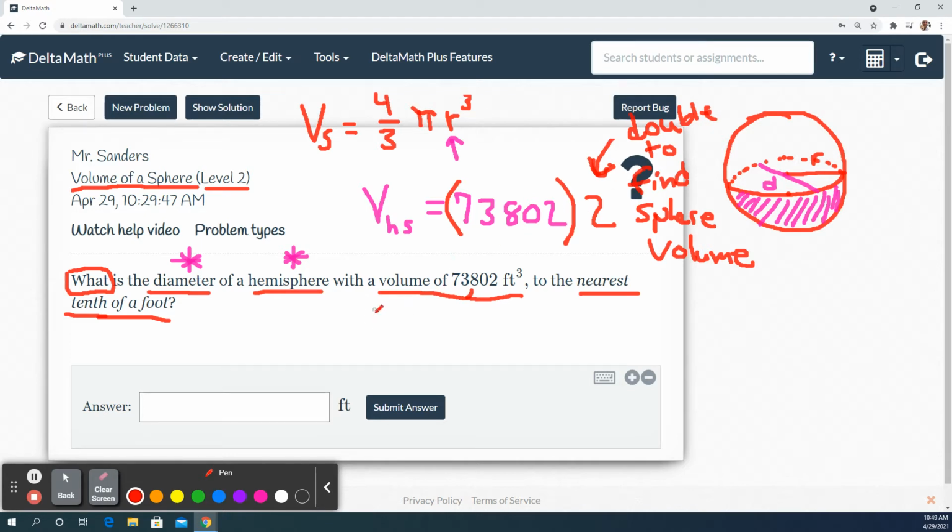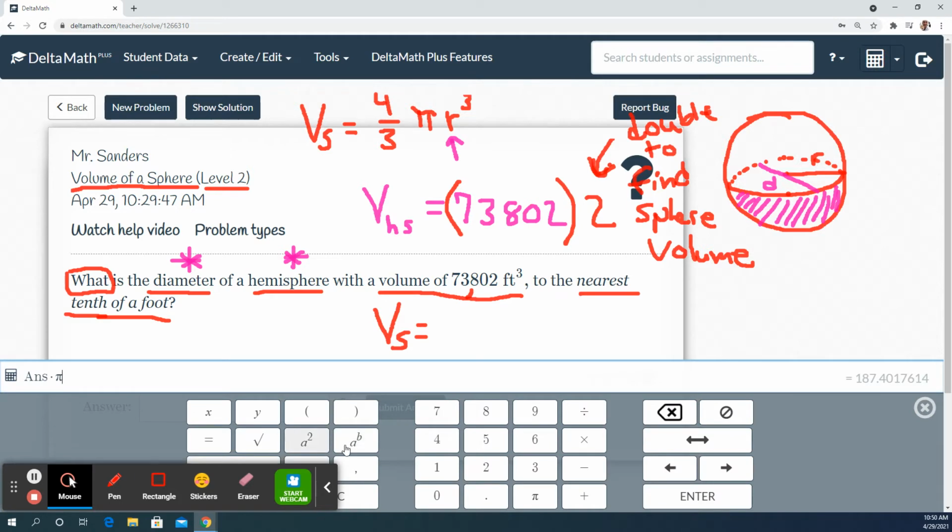So that now tells us the volume of the sphere is equal to, let's use our calculator. And I got 73802, all of that, times 2 for the doubling.